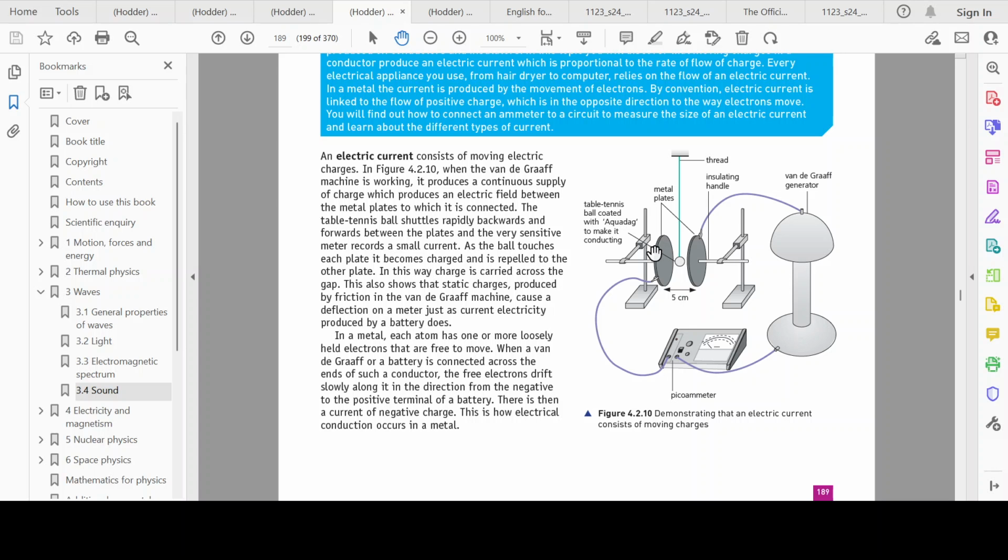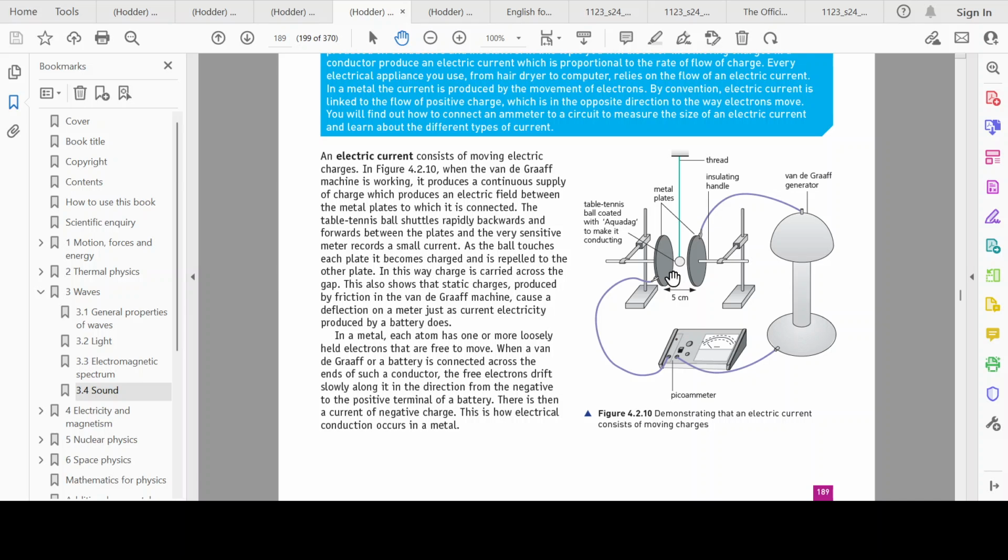There's charge on these plates, right? One of them is negatively charged and the other is positively charged. And then you've got this ball, this tennis ball as they call it, and it has a coating on it that is able to make it conduct. So the tennis ball itself is made of rubber, it's not a conductor. They've coated it with a material that's able to conduct.